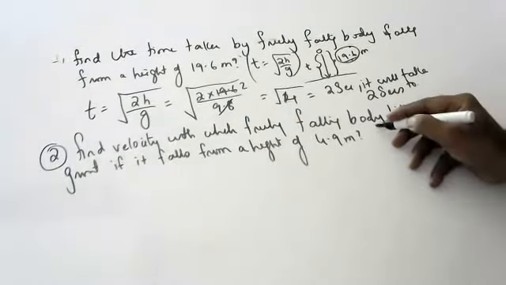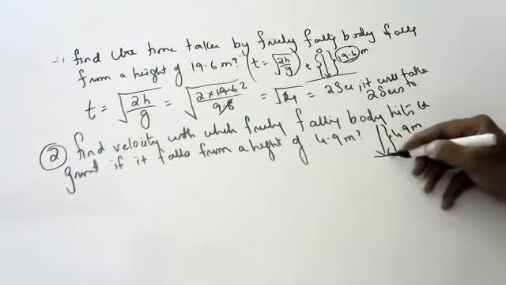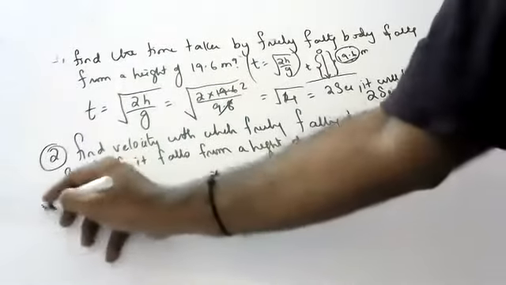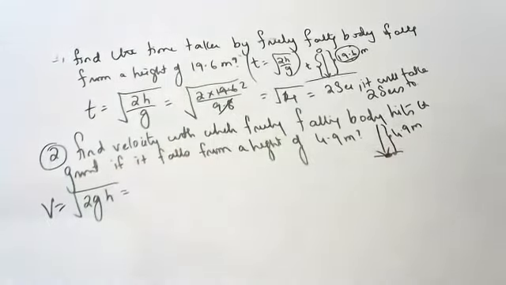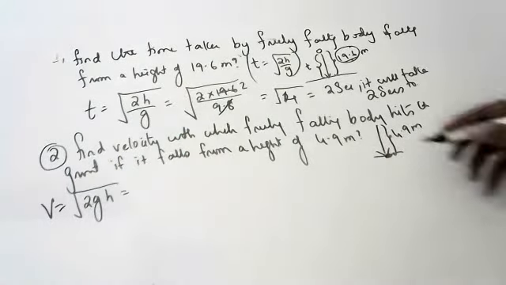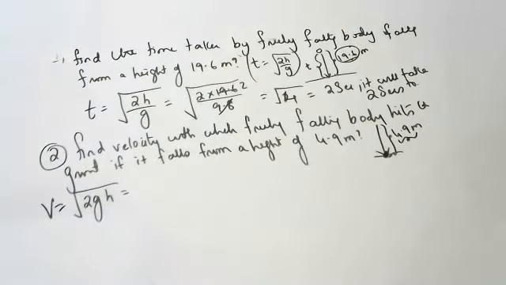With how much velocity will it hit the ground? The formula turns out to be root of 2gh. It is falling from 4.9 meters height, a freely falling body.